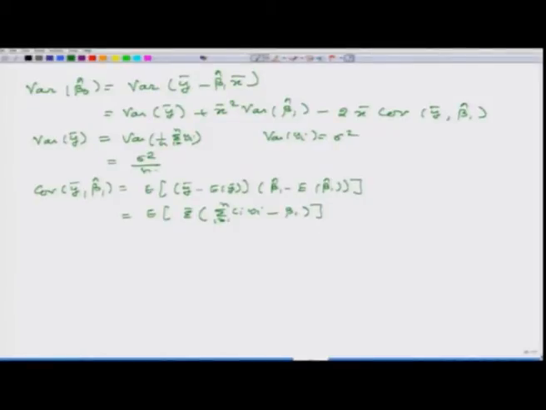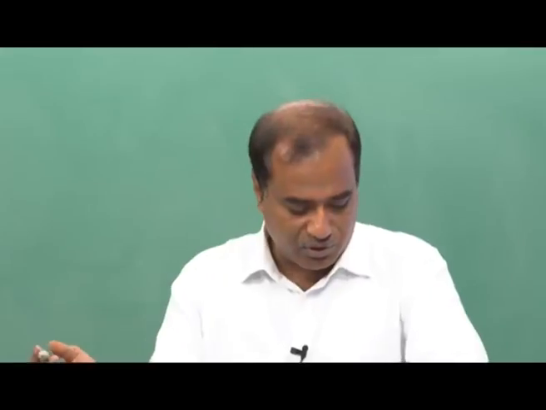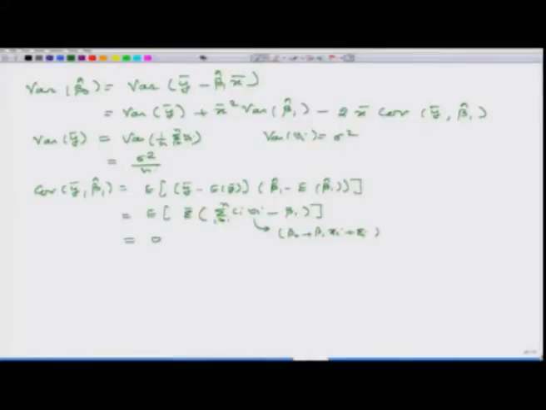Again, if you substitute the value beta 0 plus beta 1 xi plus epsilon i, open it, and take the expectation using the property that expected value of epsilon is equal to 0, it will turn out to be 0, right.